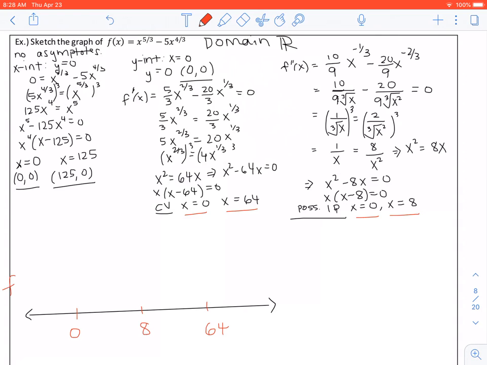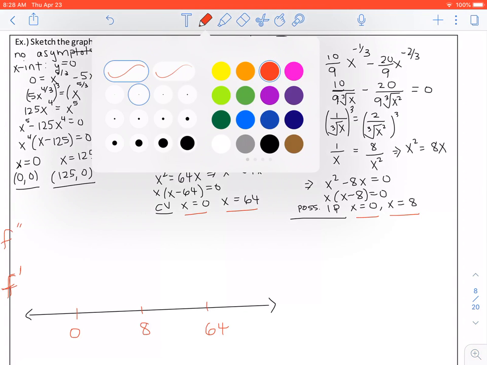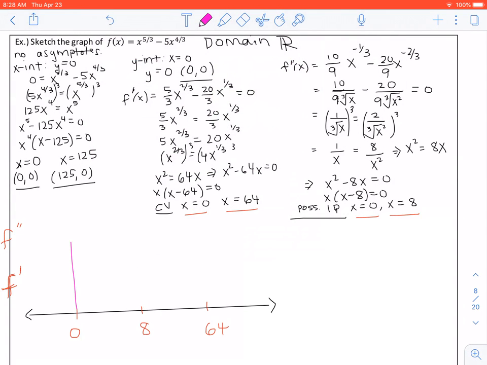And then I'm going to substitute a value in each of these intervals into my first derivative and my second derivative. And again, just like we did before, I'm going to split this up a little bit so it makes it a little bit easier for us to see those values.